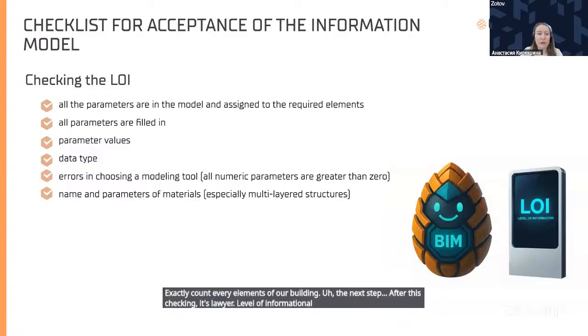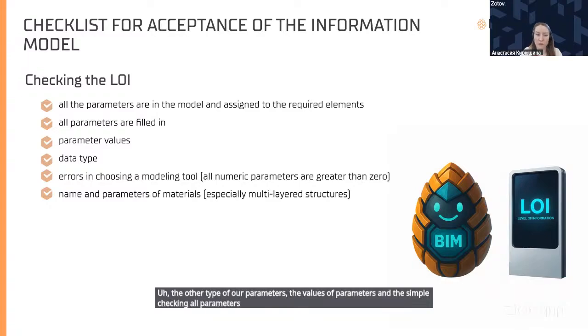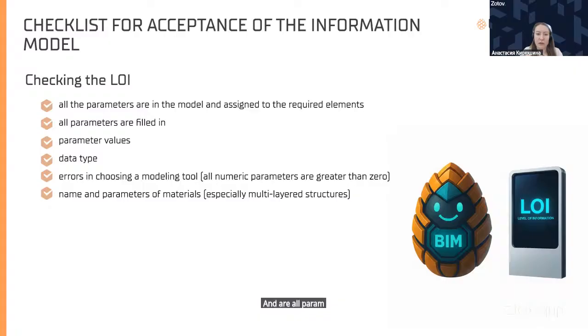So here we need to know the data type of our parameters, the values of parameters, and simply check all parameters: are they filled or not, are all parameters in the model, and are they assigned to the required elements.